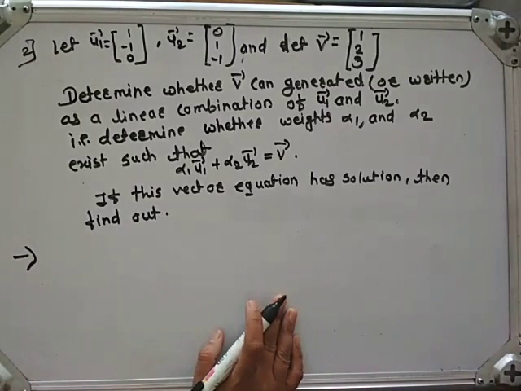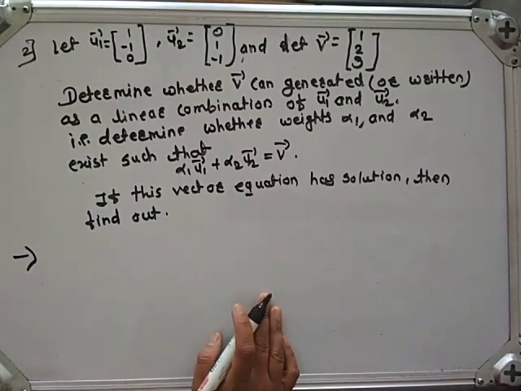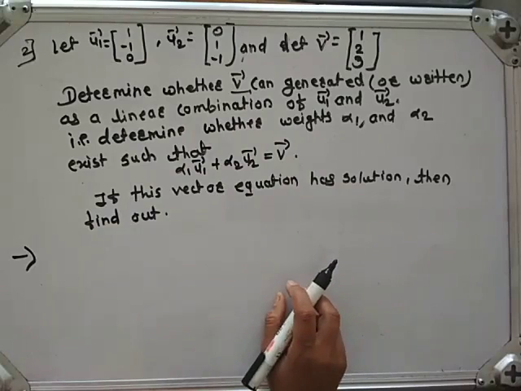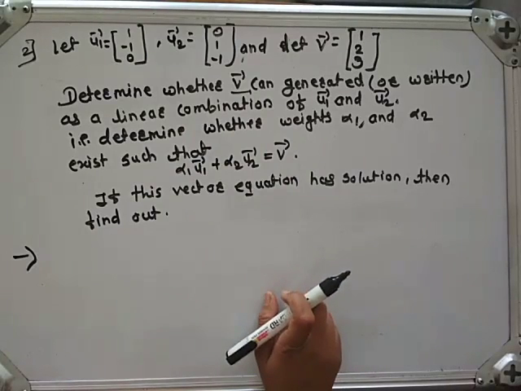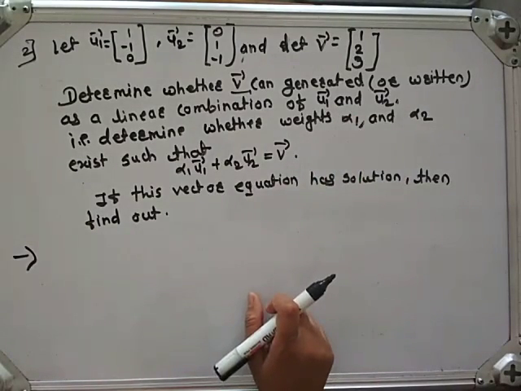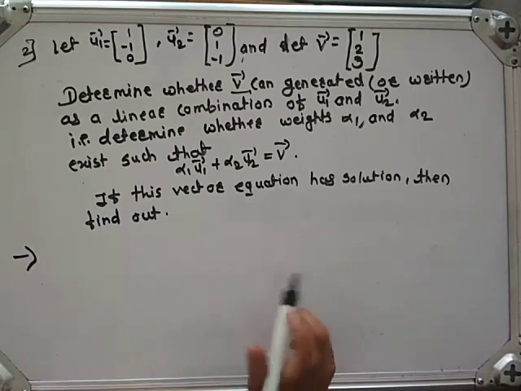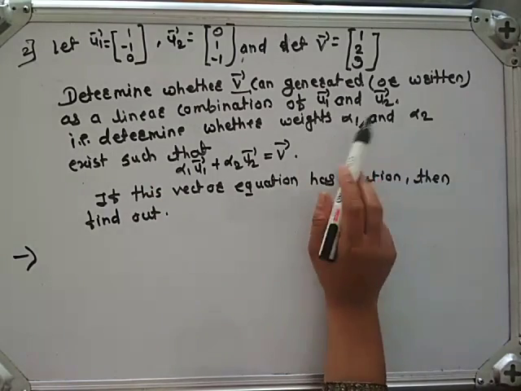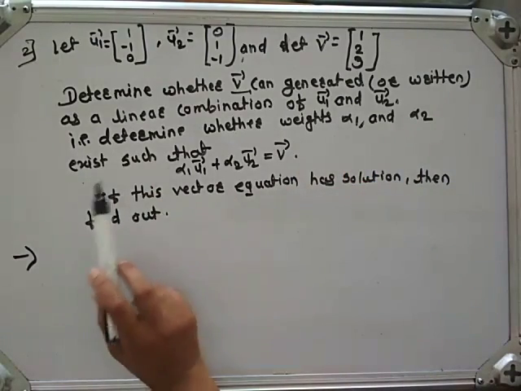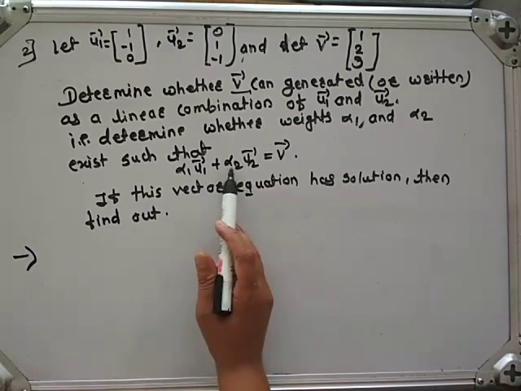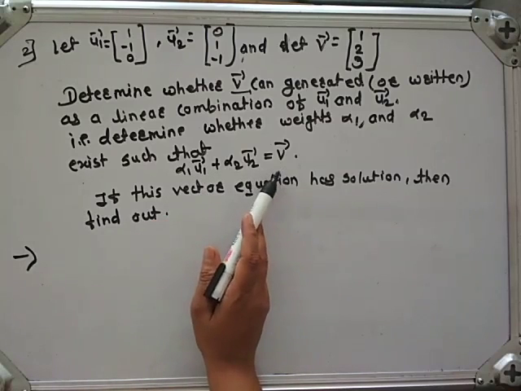In this problem, we have to determine whether V bar is a linear combination of u1 bar and u2 bar. That is, we have to determine whether scalars alpha 1 and alpha 2 exist such that alpha 1 into u1 bar plus alpha 2 into u2 bar is equal to V bar.